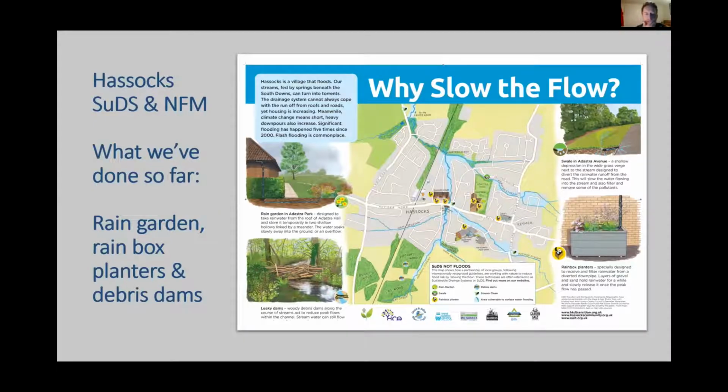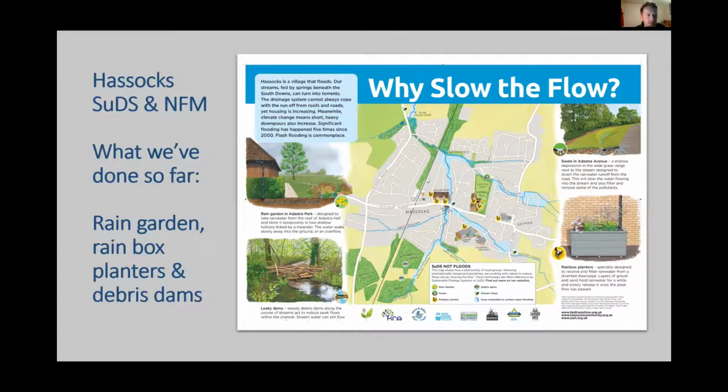So those of you who either live or visit Hassocks often may have seen this interpretation board in Adastra Park, and I thought I'd just show this interpretation board this evening because it illustrates nicely the range of different NFM and SuDS interventions that have happened all around Hassocks.